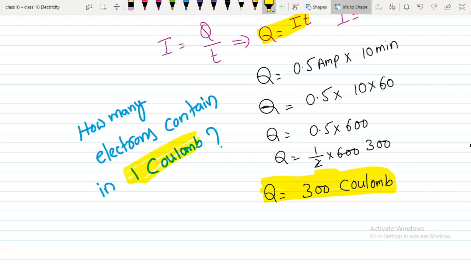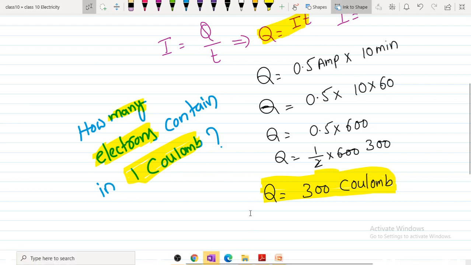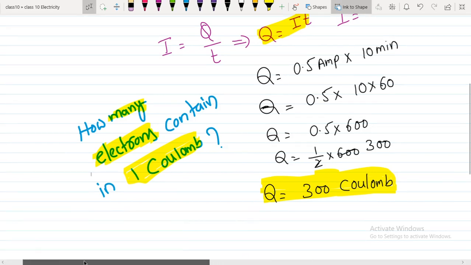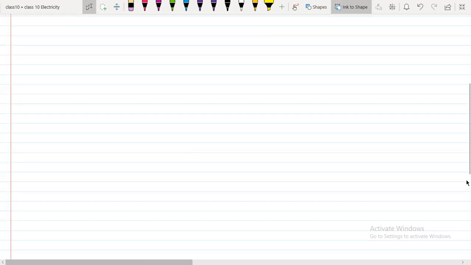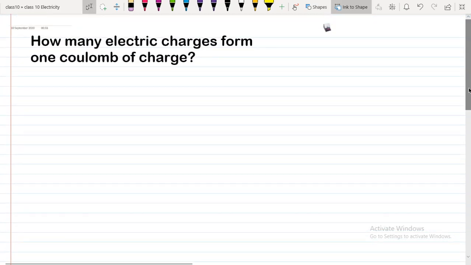I would like to know that in 1 coulomb of charge, how many electrons are present? I need to know the number of electrons in 1 coulomb of charge. So let me take that problem here. I have a problem: how many electrons form 1 coulomb of charge?